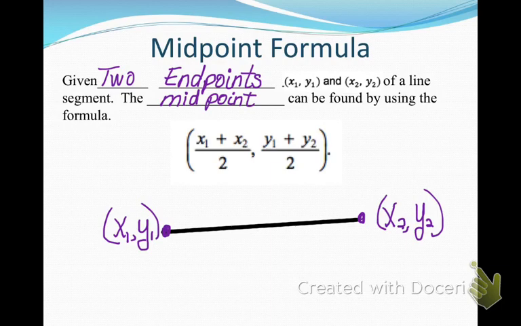So basically, I'm going to add my x values, divide by 2, to find the x value of my midpoint, add my y values, divide by 2, to find the y value of my midpoint.